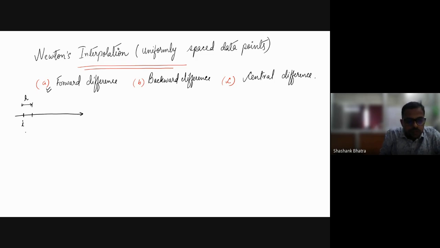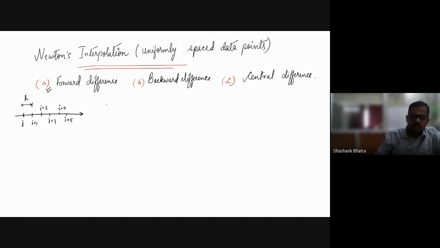So we have i plus 1, then again i plus 2, i plus 3, i plus 4, and so on and so forth. I can move on and on. How are we going to write it?